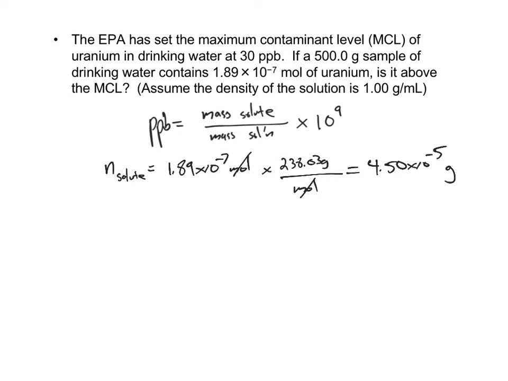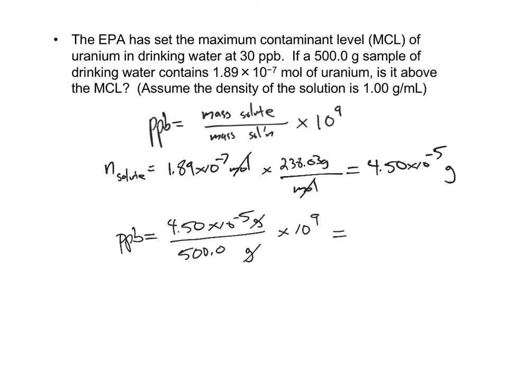So then to find the parts per billion, I would just take that mass of solute, and so my concentration comes out to be 90 parts per billion.